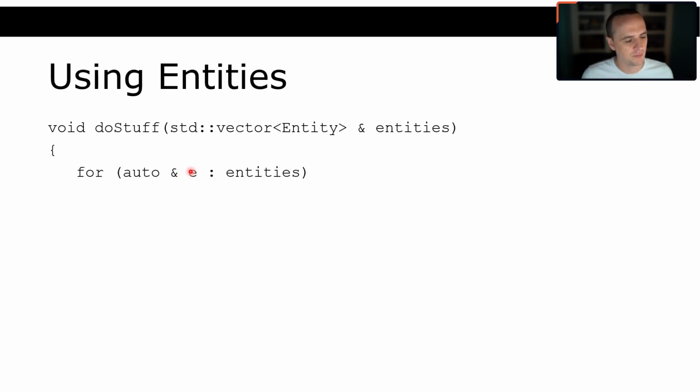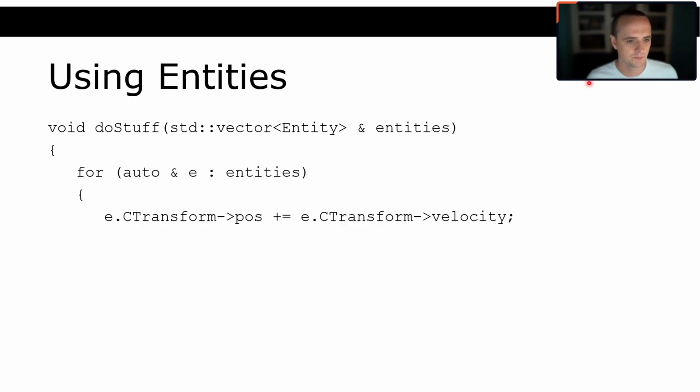And if I create a copy of something and then modify the copy, then the entity that lives in this vector will not be modified. And so this whole function will be for nothing. Okay? So I have to make sure that I'm iterating over references to the entities so that when I modify the position or speed of these entities, that I'm actually making changes to where all the entities live.